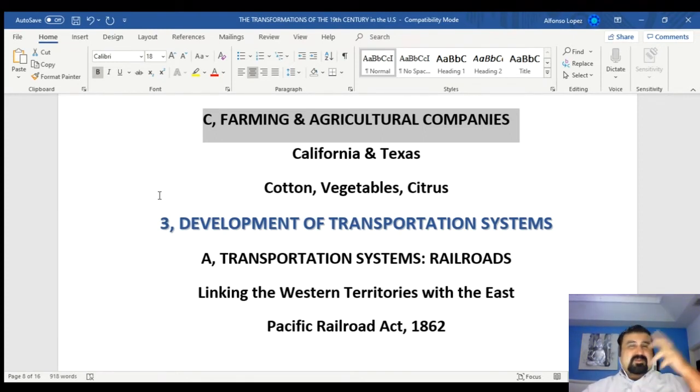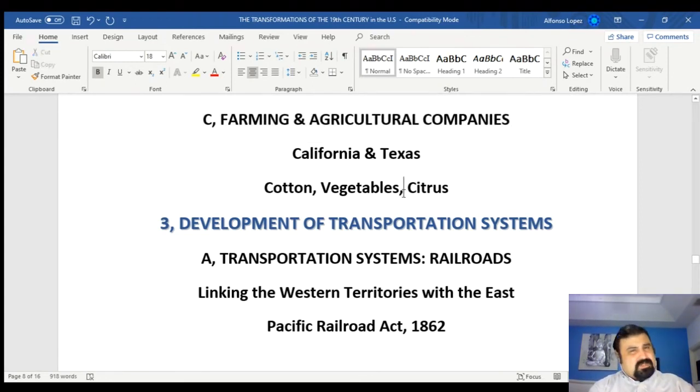There's also going to be, of course, the emergence of agricultural companies in which we're going to see the creation of large enterprises owned by, again, a handful of investors or merchants and so on that are interested in growing large quantities of vegetables, citruses, for example, and cotton. Again, California and Texas are going to have the largest agricultural companies of the West, of course. And again, they're growing cotton for the market, vegetables, a great variety of them, and citrus, of course, as well, things like oranges and so on.